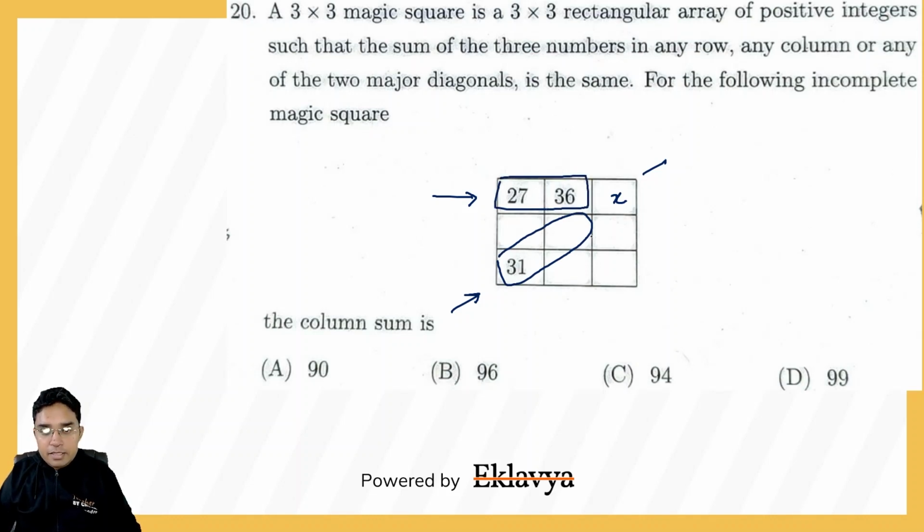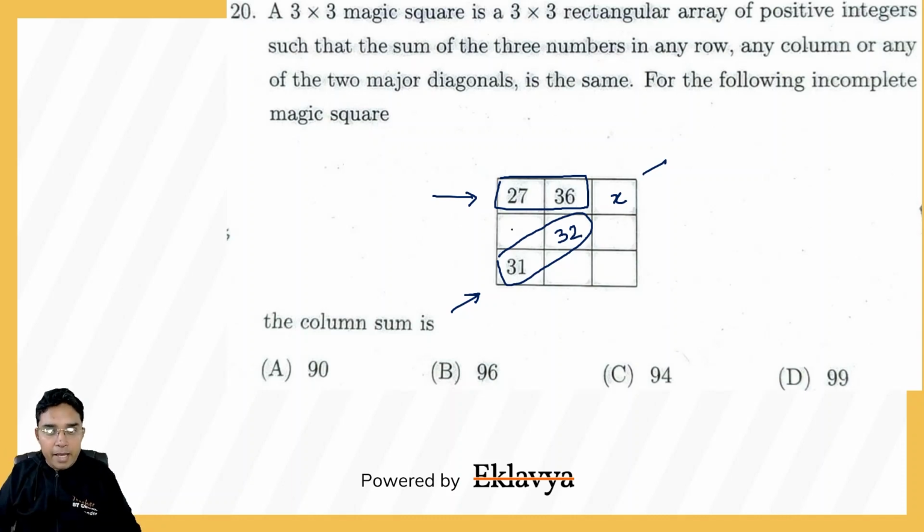This will give us the number in the center very easily. 27 plus 36 is 63, and 63 minus 31, so here we get 32. So we have the number in the center as 32.